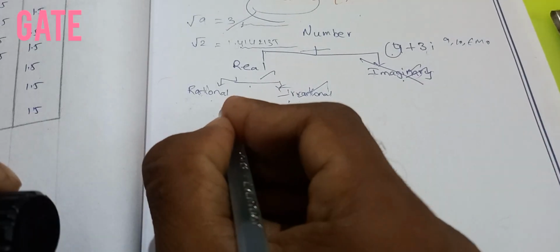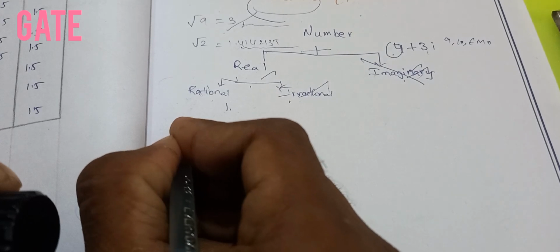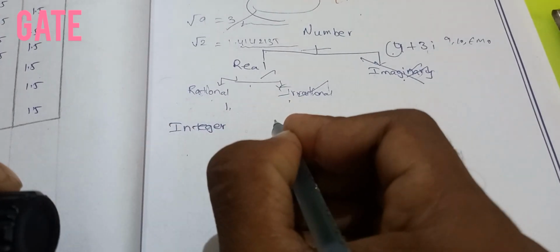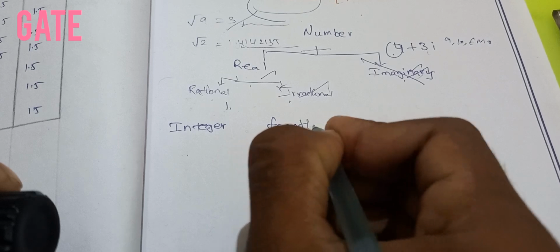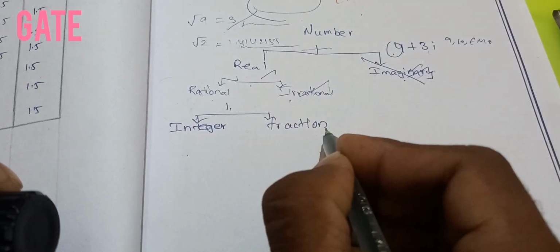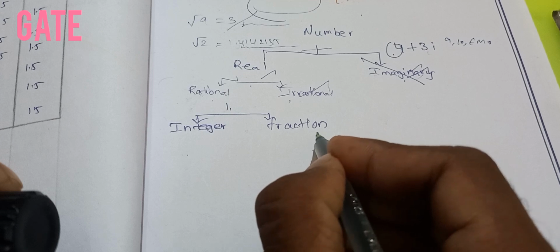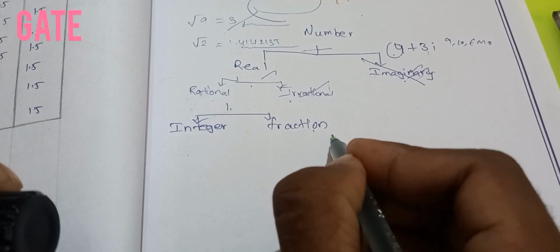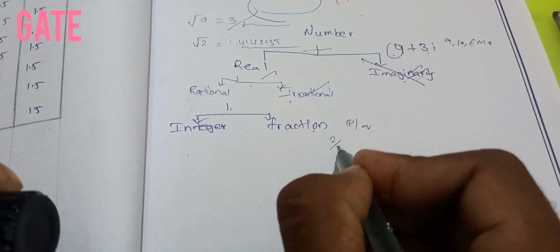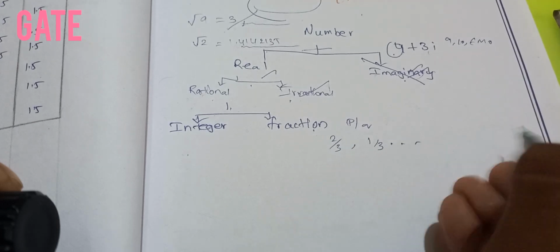This rational number is divided into two types: integer and fraction. We know that a fraction will be in p by q form. For example, 2 by 3, 1 by 3, and so on.